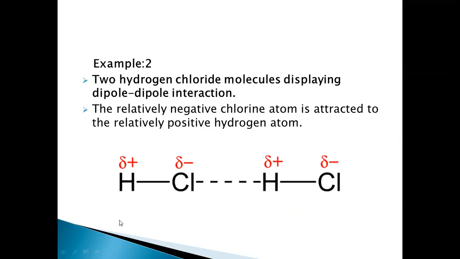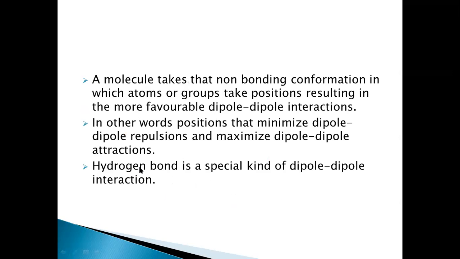And the same example I've taken here, I've already explained this, that is HCl. There is an intermolecular attraction in between the negative end of one molecule and the positive end of the other molecule, which is nothing but the hydrogen bonding.